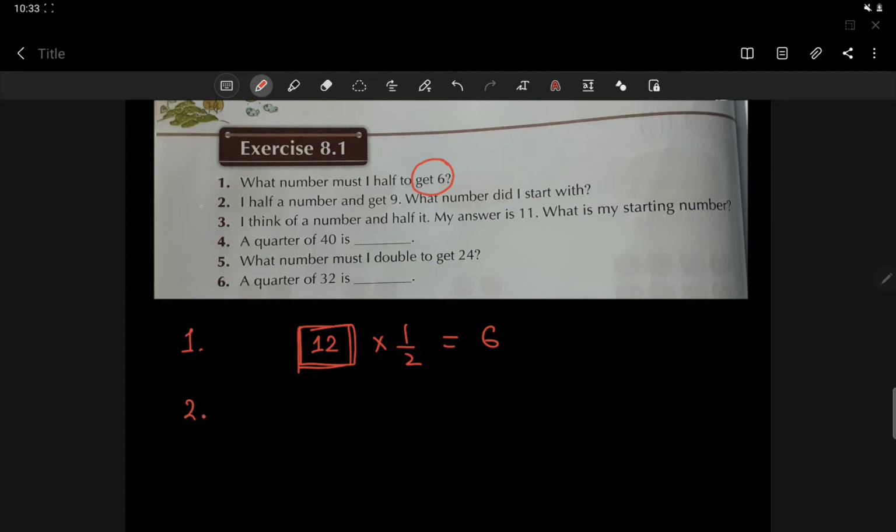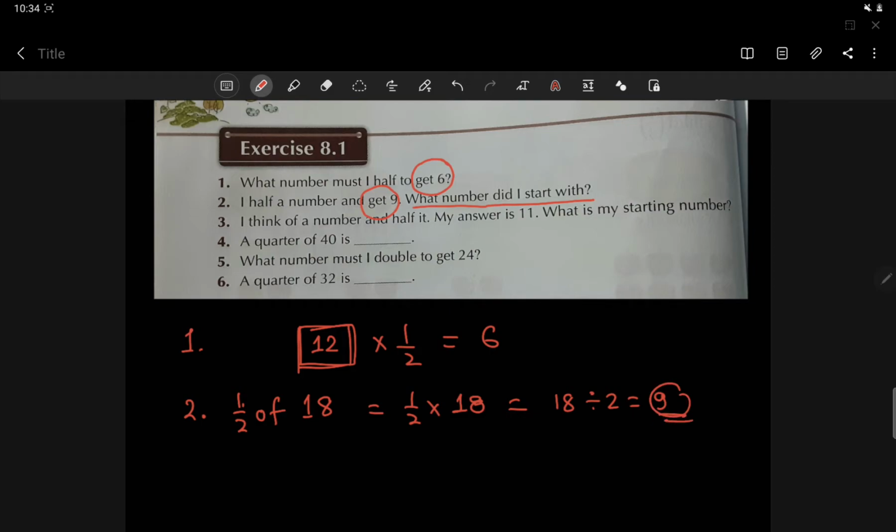For question number 2, I half a number and get 9. So what number did I start with? It must be 18, because half of 18 means 18 divided by 2, so you get 9.